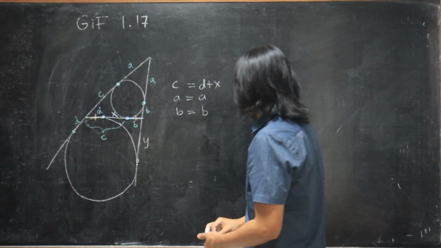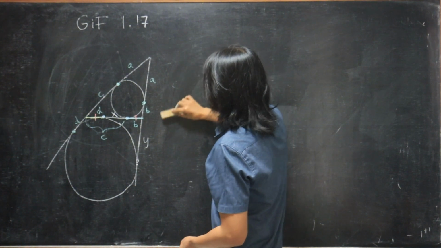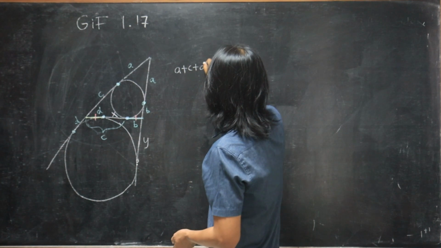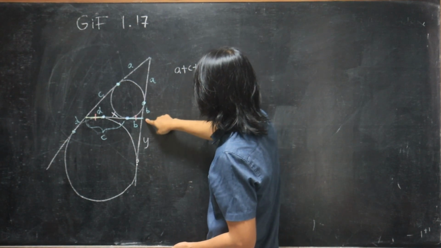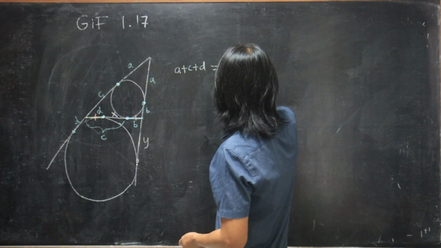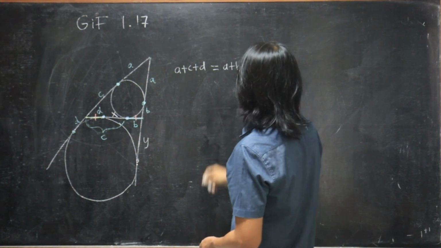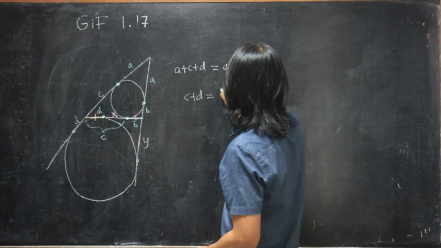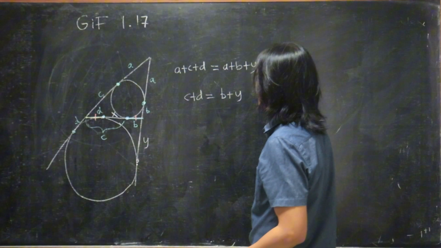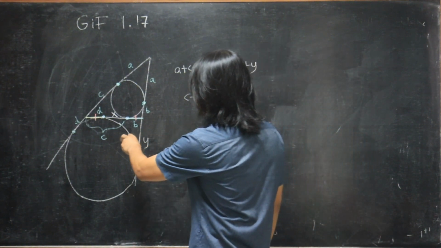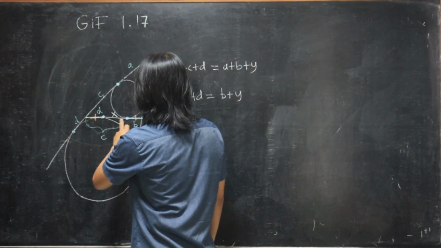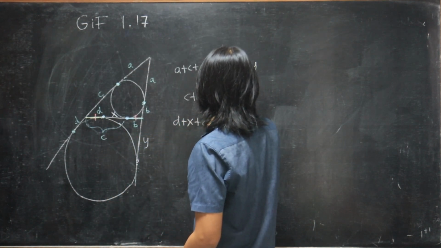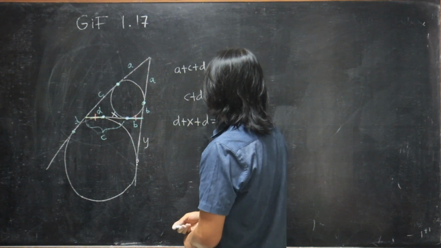So what we can say is that A plus C plus D must be equal to A plus B plus Y. If we cancel the A's, we have C plus D is equal to B plus Y. But what is C exactly? C is D plus X. So D plus X plus D is equal to B plus Y.